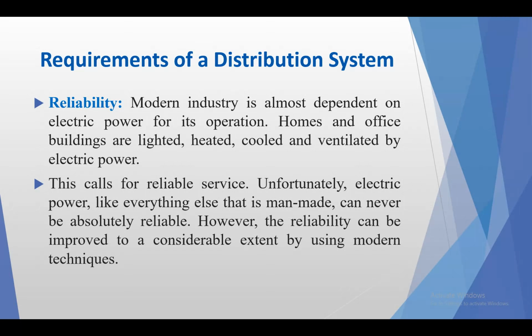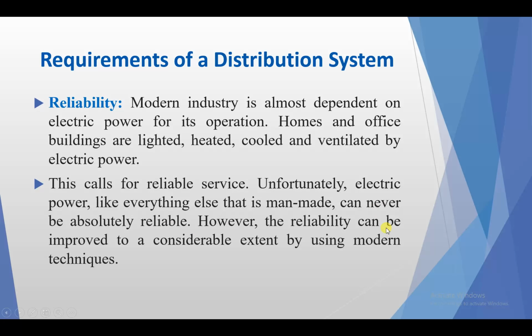The next one is reliability. Modern industries almost entirely depend on electric power for their operation. Home and office buildings are lighted, heated, cooled and ventilated by electric power. So this calls for reliable service. Unfortunately, electric power, like everything else that is man-made, can never be absolutely reliable.